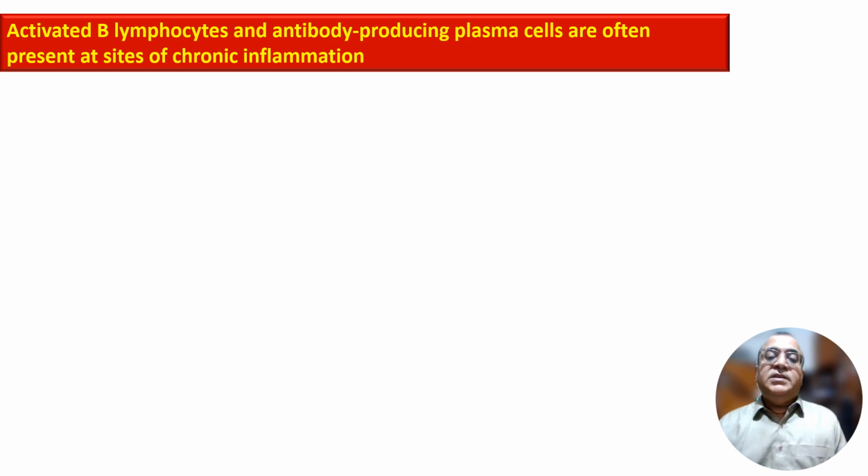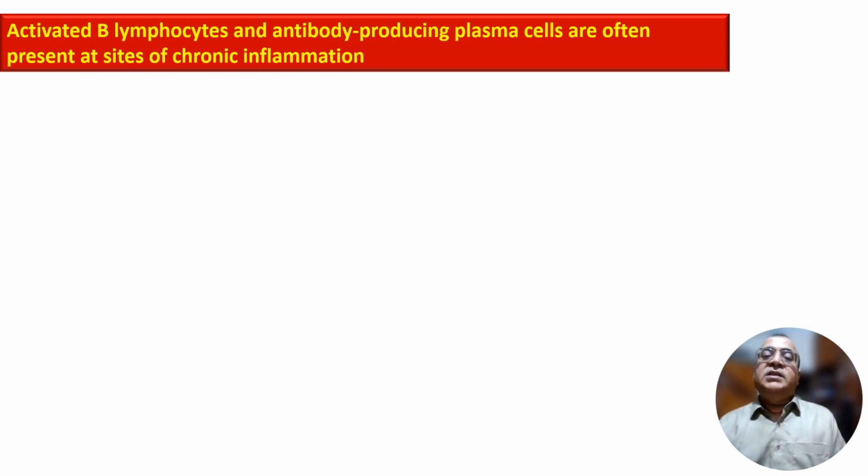The activated B lymphocytes and antibody producing cells, plasma cells, are often present at the site of chronic inflammation. These are basically B cells that are producing antibody, so they are termed plasma cells. And these antibodies that are produced by plasma cells target the foreign antigen, self antigen, or altered tissue component.